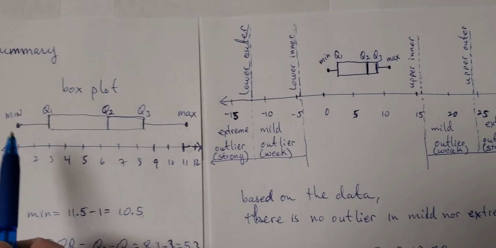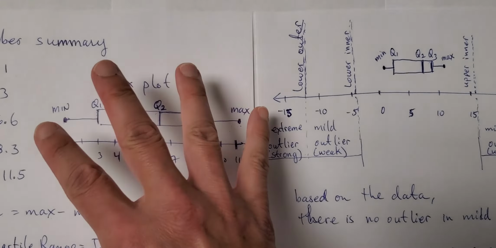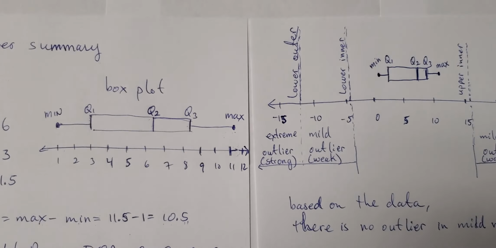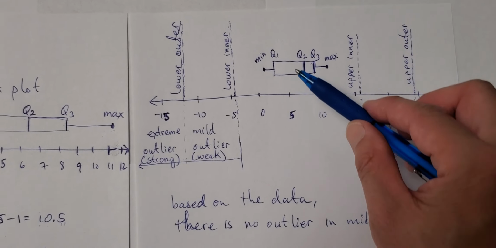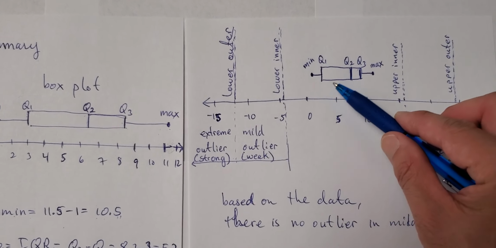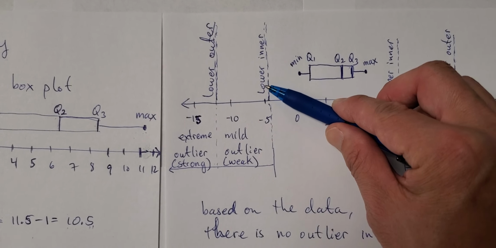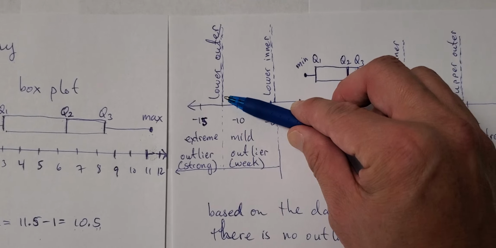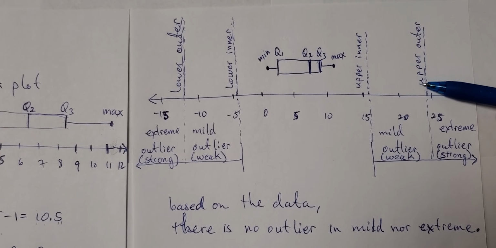So this box plot right here that I have is zoomed in, so that's why you see it bigger. But here on this side, it's the same plot. So this graph and this graph are the same. It's just that the only difference is that I put in the lower inner fence, the lower outer fence, the upper inner fence, and the upper outer fence.